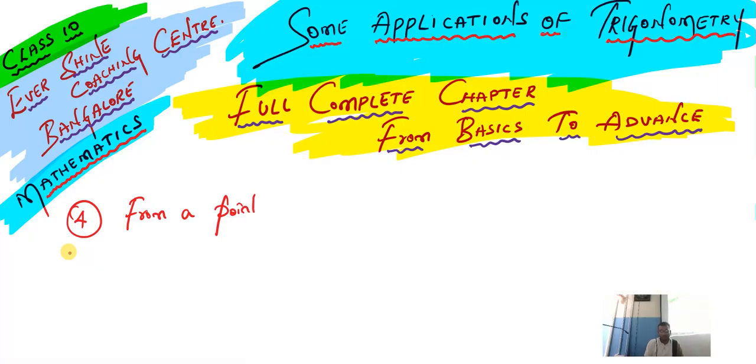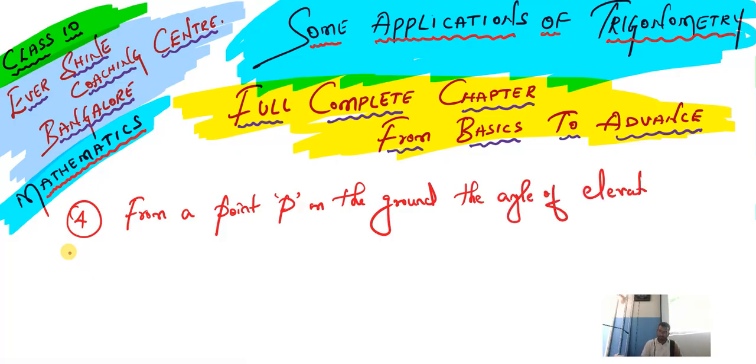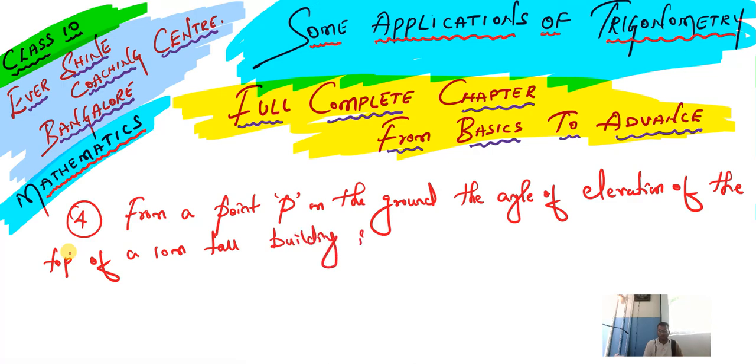From a point P on the ground, the angle of elevation of the top of a 10-meter tall building is 30 degree.